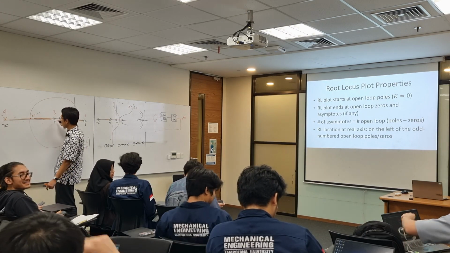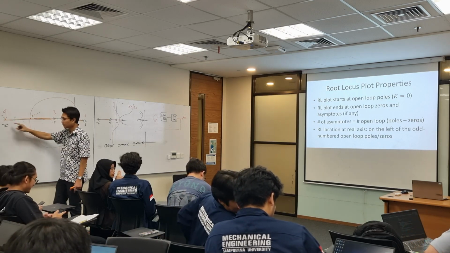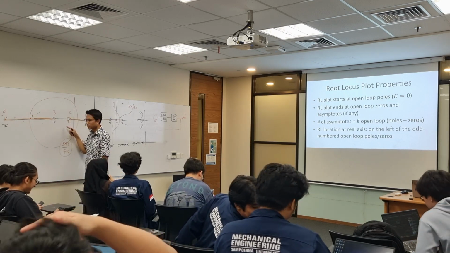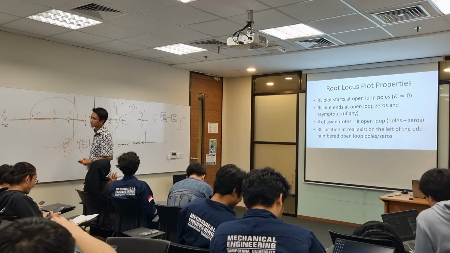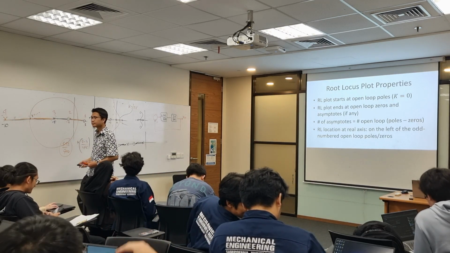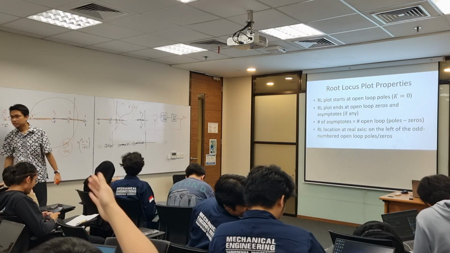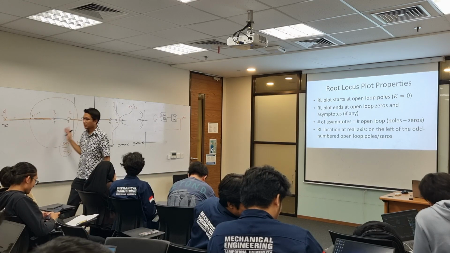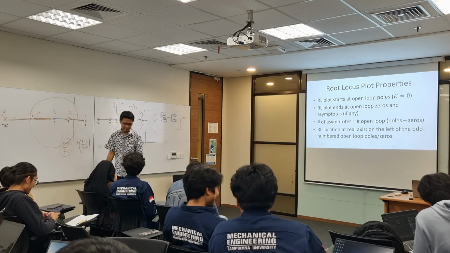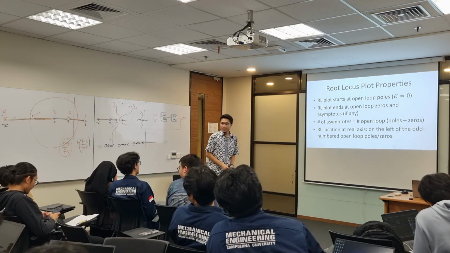But we have two open loop poles and then two open loop zeros. That is used to find out the number of asymptotes. It has no asymptote, correct?